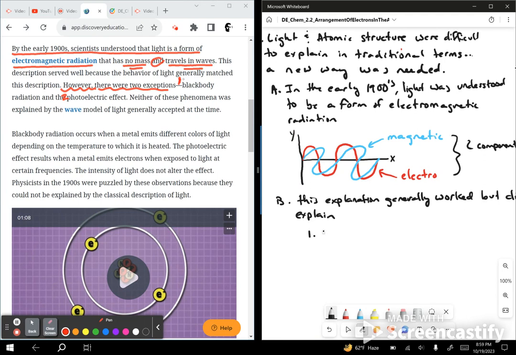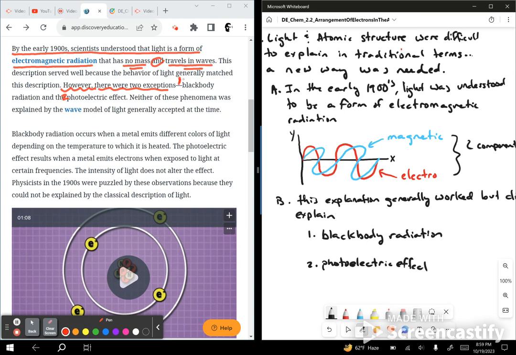One was blackbody radiation, and it did not explain the photoelectric effect.